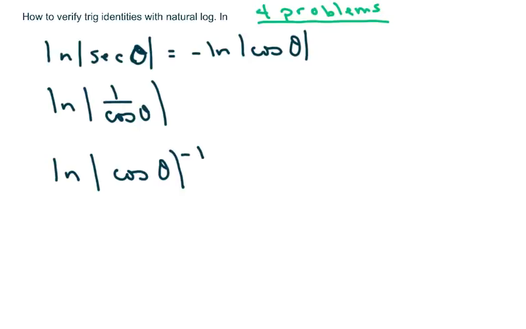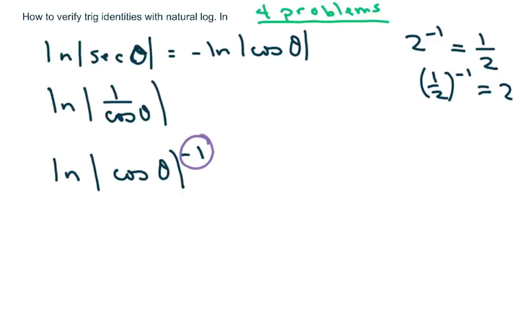Just like if I said 2 to the negative 1, we know that is 1 over 2. Or 1 half to the negative 1 equals 2. Now, using your properties, I'm going to use my power property and move that negative in front. So that gives me negative ln of cosine of theta. So it's pretty simple. It looks scary, but it's not that hard, really, if you know your properties.